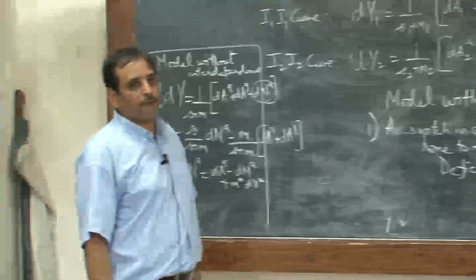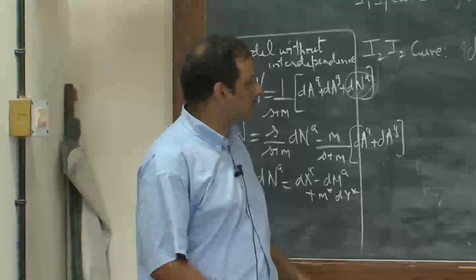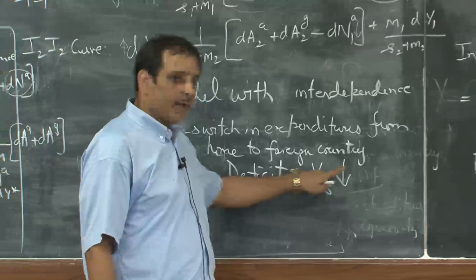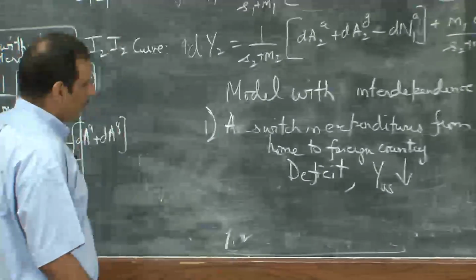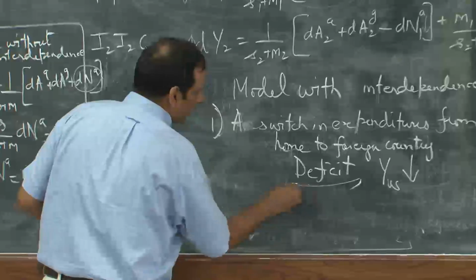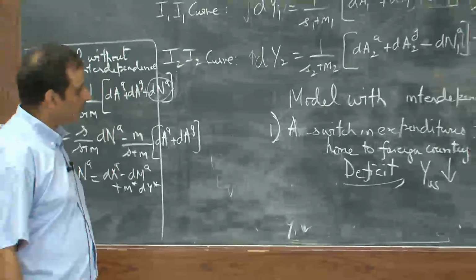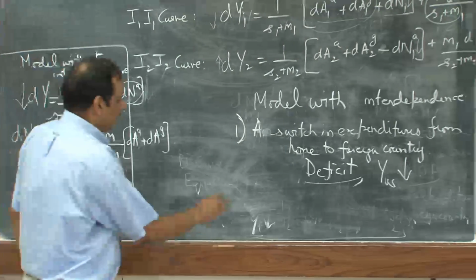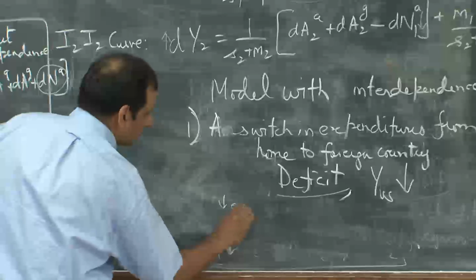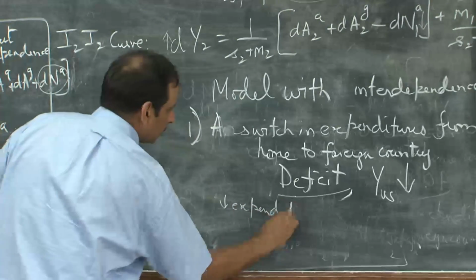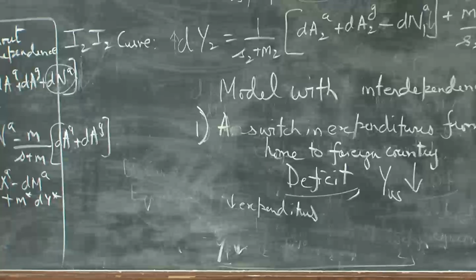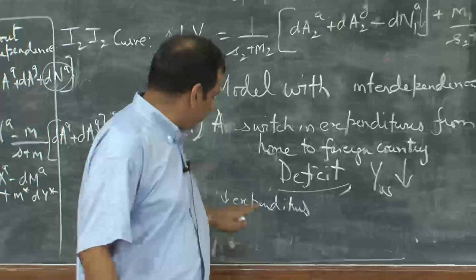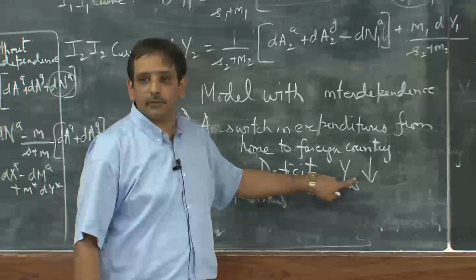What would have happened if he had adopted expenditure changing policies? Now there is a deficit here and the incomes have come down. If he wants to take care of the deficit, he would reduce expenditures. This will take care of the deficit, but again, when you reduce expenditures, your incomes would go down.